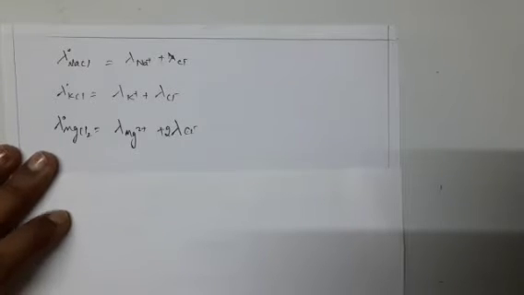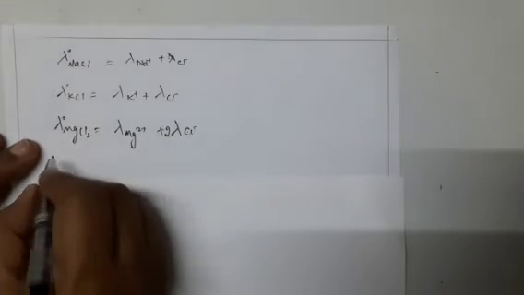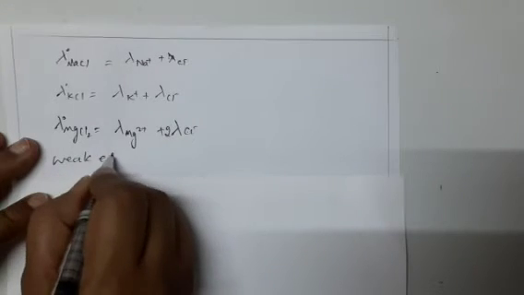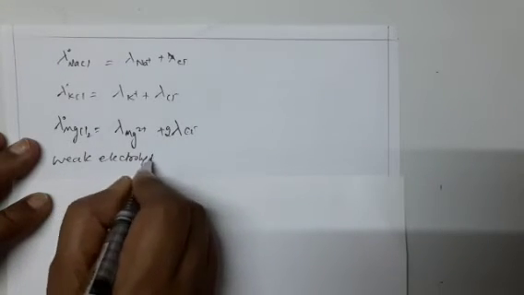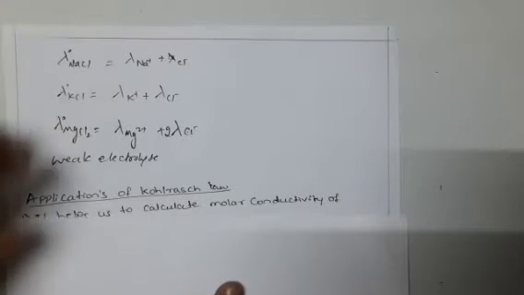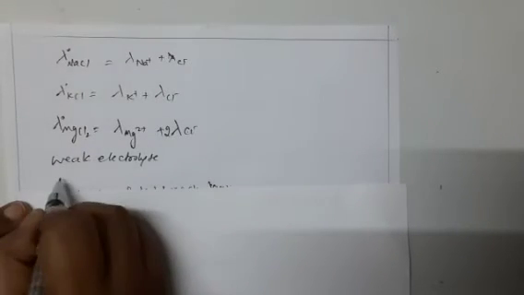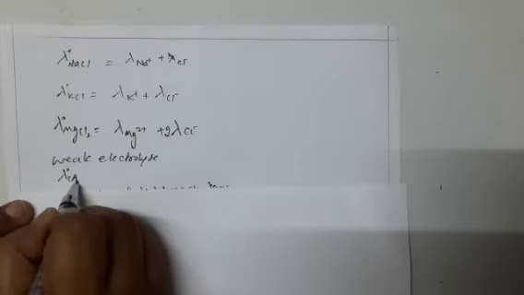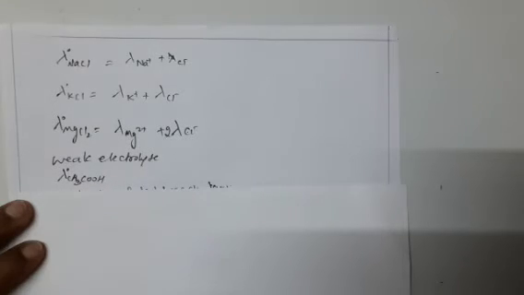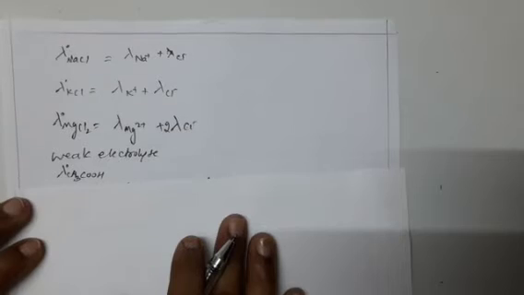Also, the molar conductivity of a weak electrolyte we can take. What example are we taking? That is acetic acid, CH3COOH. This is a weak electrolyte.